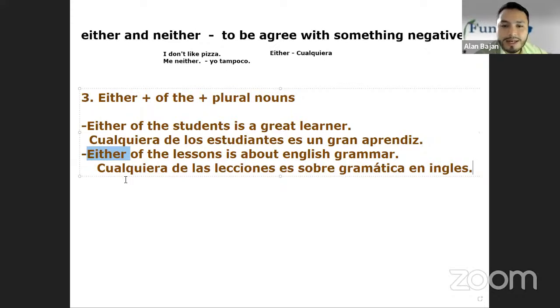I'm not saying the lessons. Si esto no estuviera, estaría incorrecto, porque diría, the lessons is about English grammar. No, the lessons are about. Pero como tenemos either, estoy hablando de cualquiera, y cualquiera es singular. Se toma como singular. Yep, better. Cualquiera de las lecciones es, no son, es sobre gramática.